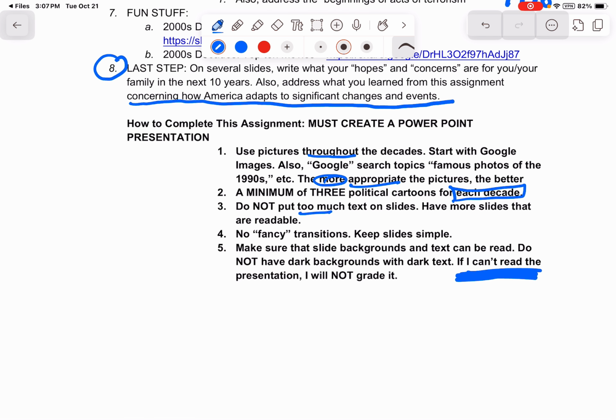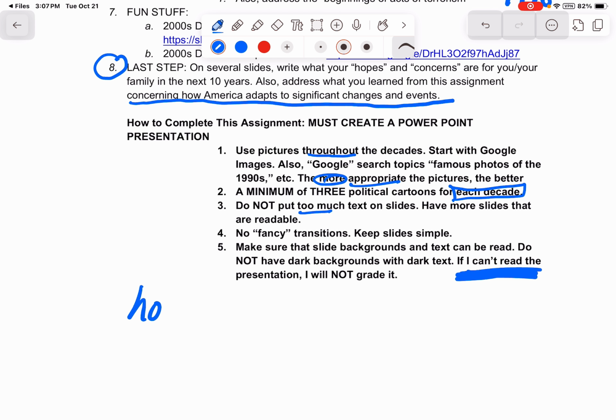Now, some of you are going to ask, how many slides? I can't tell you. It depends on how high a grade you want to make. Everything's a minimum, so you want to move away from minimum and head towards maximum.